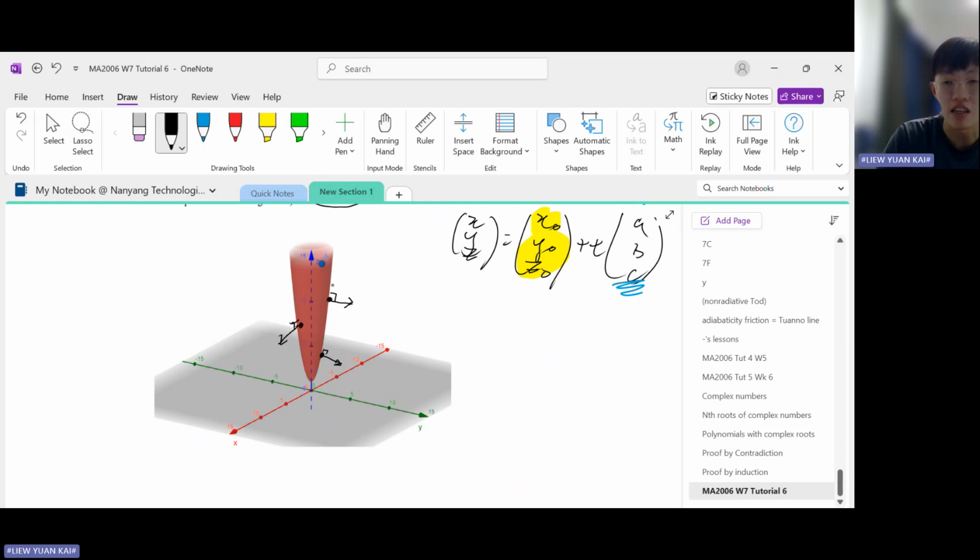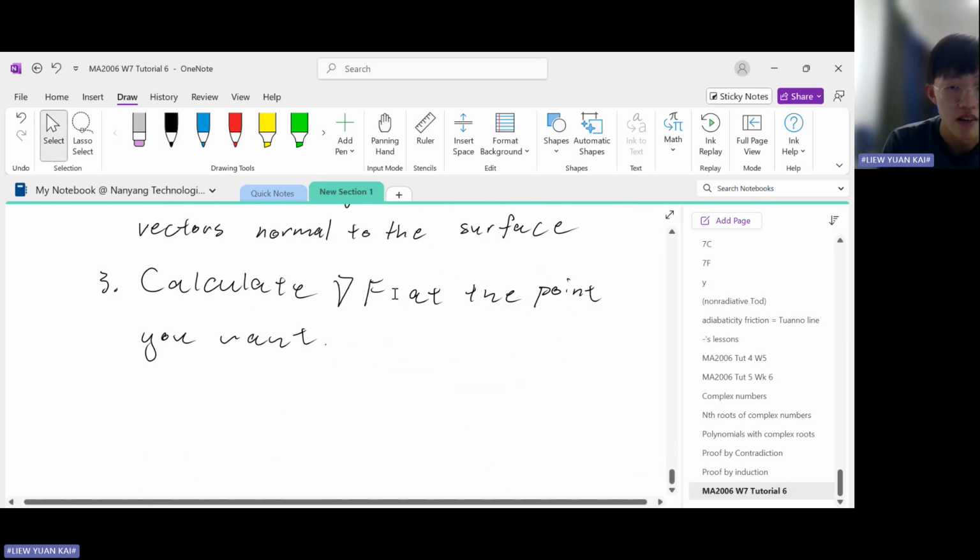I'm just taking 3 points, but it will do this at all points of the surface. Nabla of f of x, y, z will generate the vectors which are normal to the surface at all points of the surface. Don't worry, I will go through what I mean later.